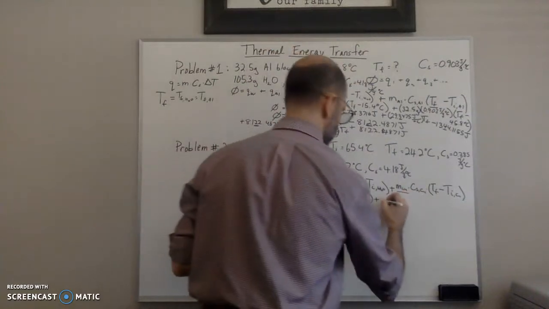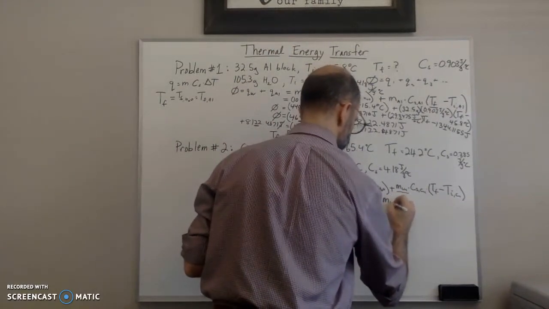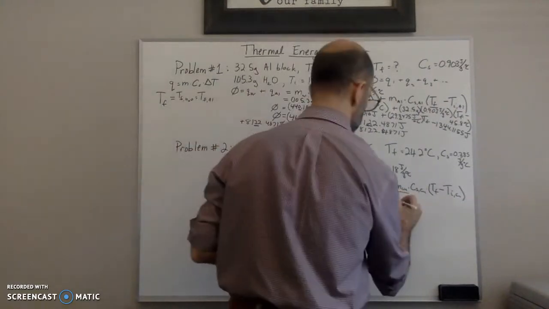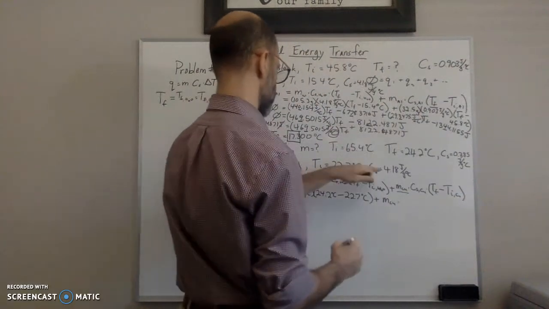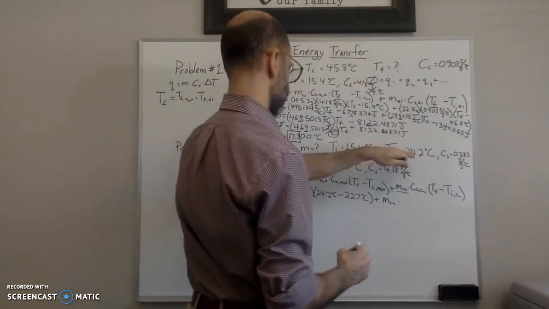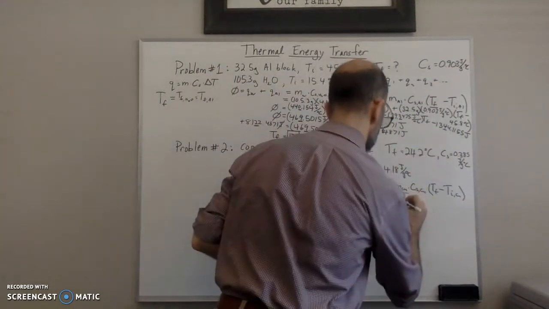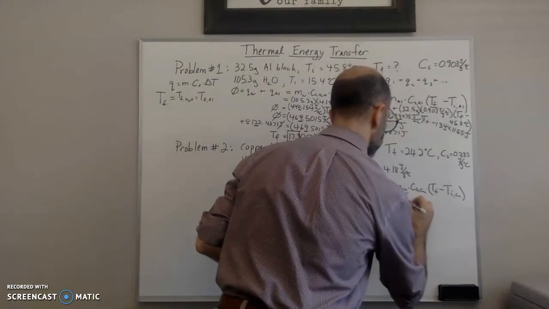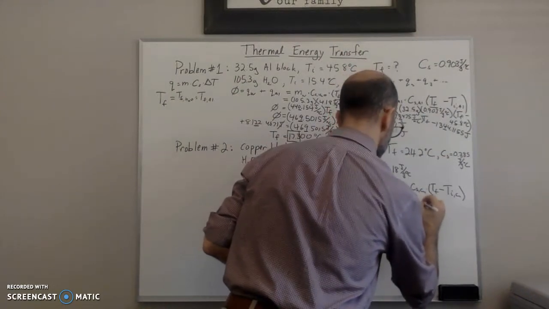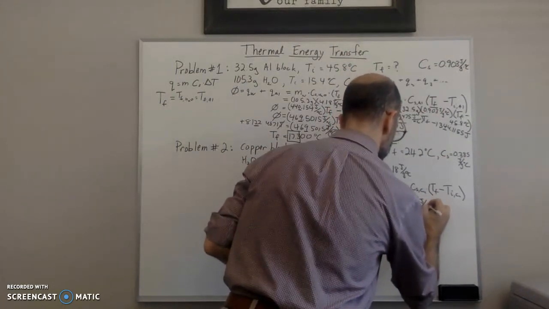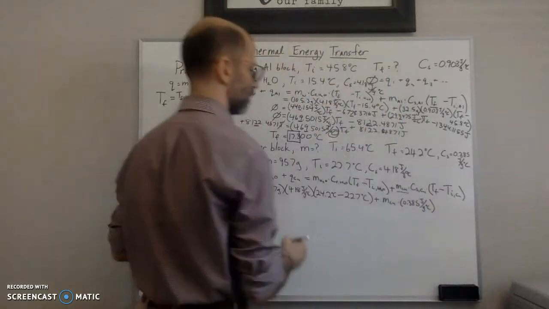So the mass of the copper is something I don't know, so that's what I'm looking for. So the mass of the copper multiplied by the specific heat of the copper, which is going to be 0.385 joules per gram degree Celsius.